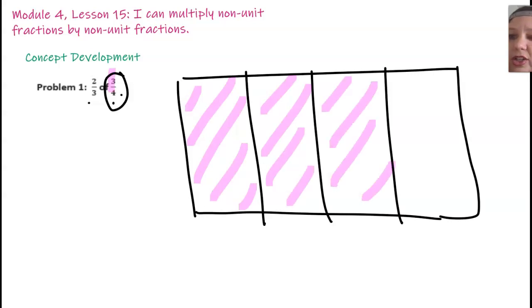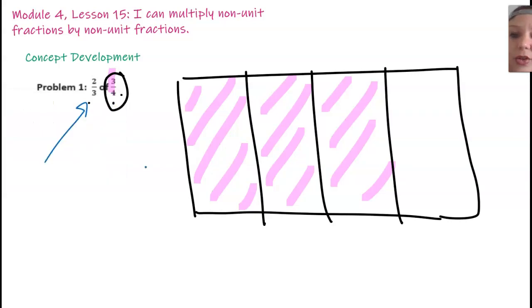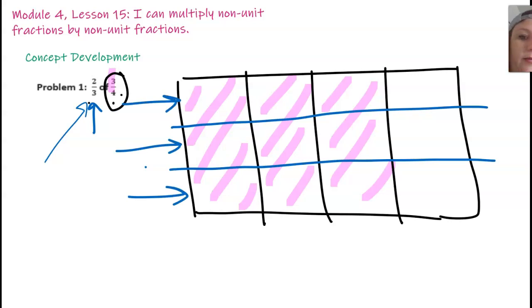Now, what the question is asking me is what is 2/3 of the 3/4. So I'm going to break this now into 3 equal parts. I'm going to go horizontally. So now I have 3 equal parts going this way. 1, 2, 3/3. Now, how many of those am I going to shade? 2 of those thirds.